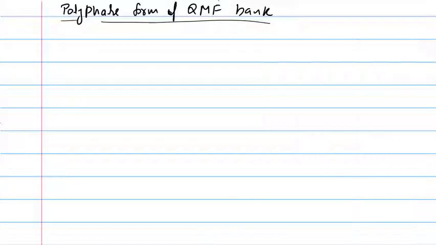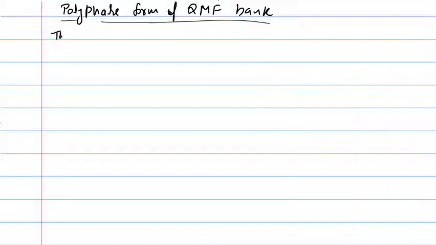So we have seen the two-channel alias-free QMF bank that can be efficiently realized with the use of polyphase filters. Basically, we are using a filter. So if we use a polyphase filter, that can be efficiently realized.